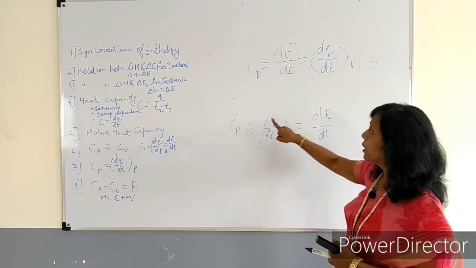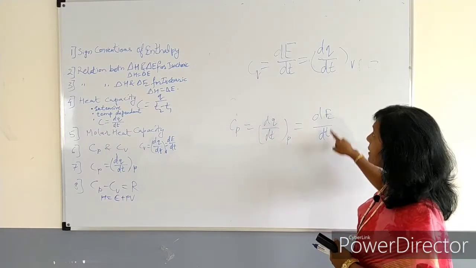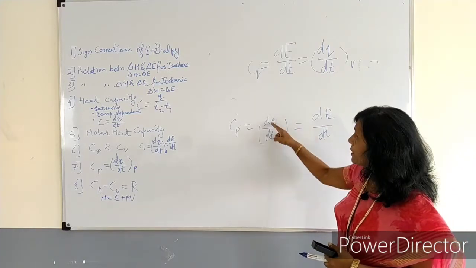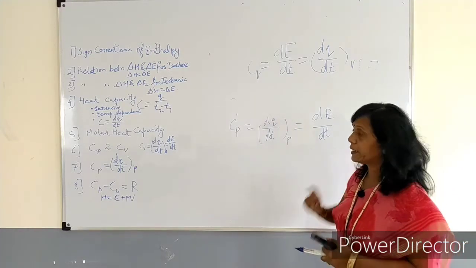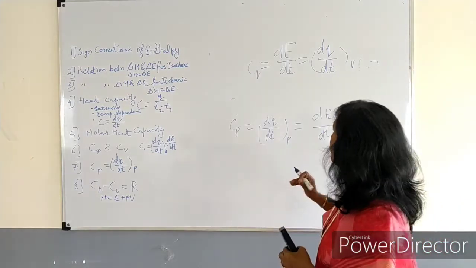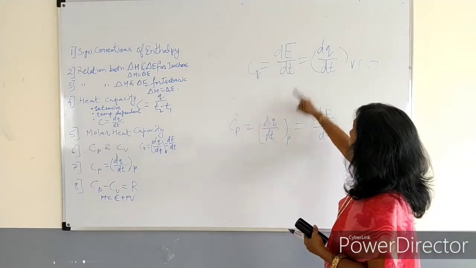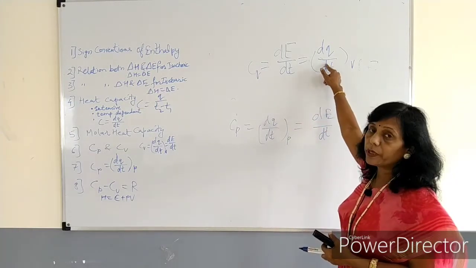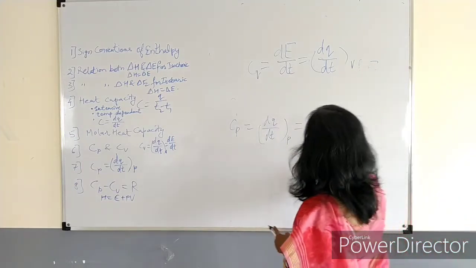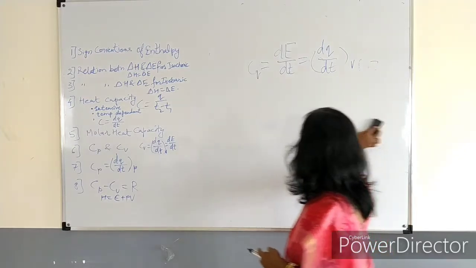Cp is equal to dq by dt at constant pressure, which we represent as dH by dt. Is it clear to you? Don't get confused over here. This is a little bit confusing, but both are the change in heat with respect to the temperature.